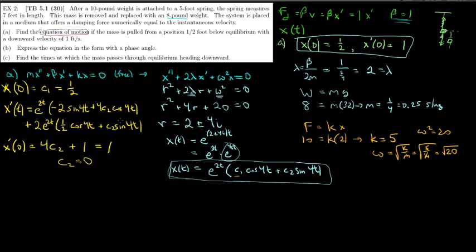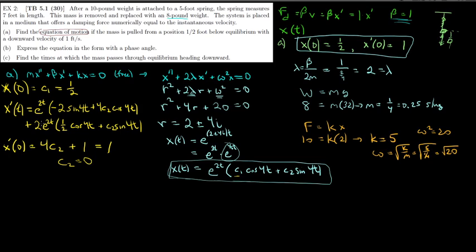Hang on. I'm not sure that's right. So let me see if I did the derivative correctly here. So first times the derivative of the second, so that's this. Derivative, I think that's right. Plus second times the derivative of the first. So I think that's right.